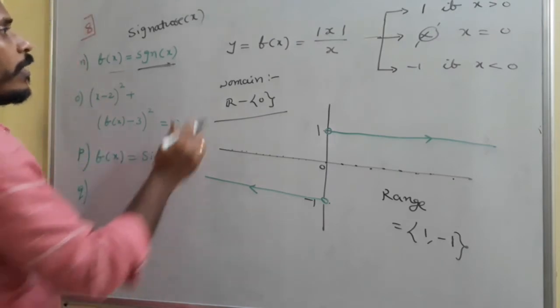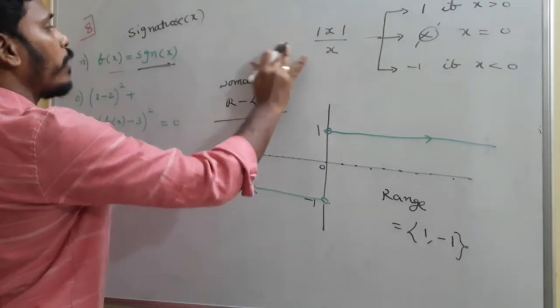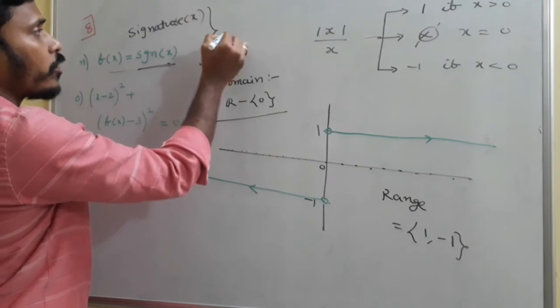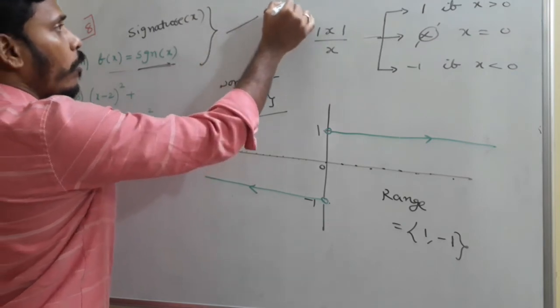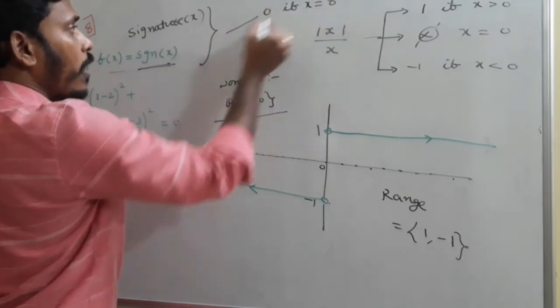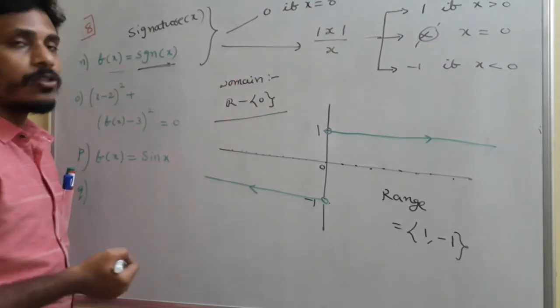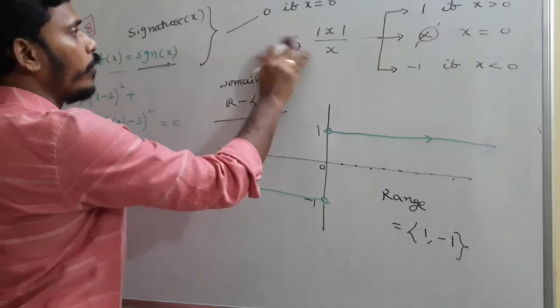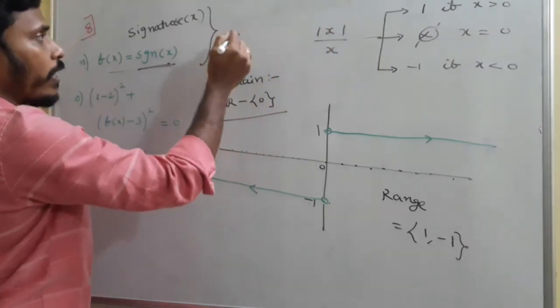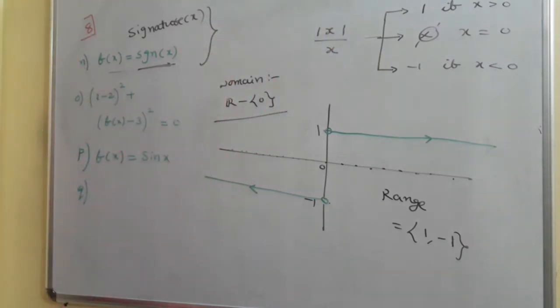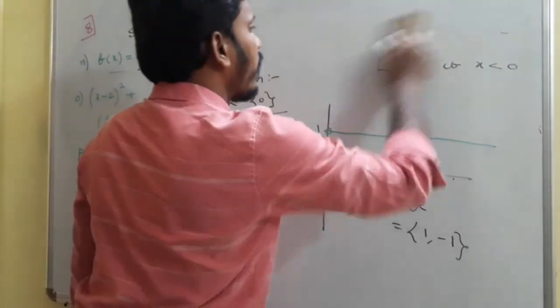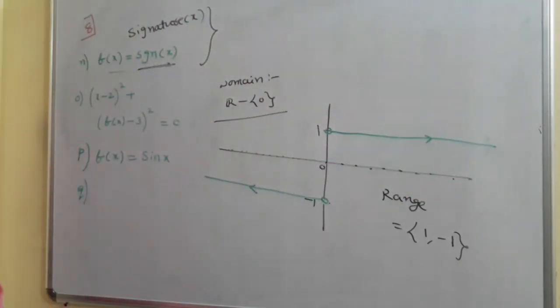What I am going to tell you is that this signature function of x actually has two definitions, in the sense that in two regions we define it separately.